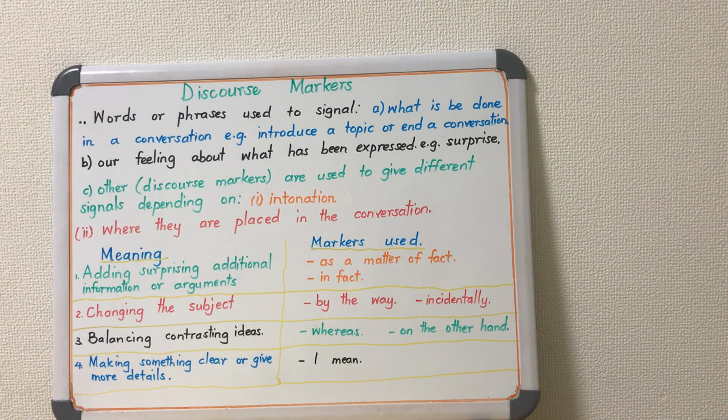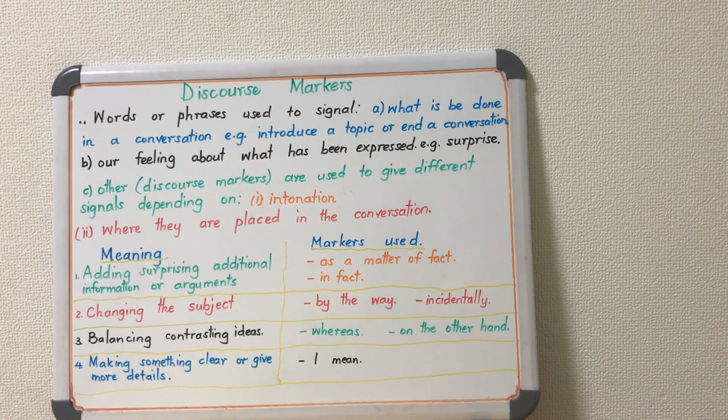As we see, you will realize that what we're looking at is not anything new. It's something that you have used over and over again, but maybe you never realized that you are actually using discourse markers. What are they? That's the first aspect that we're going to look at.